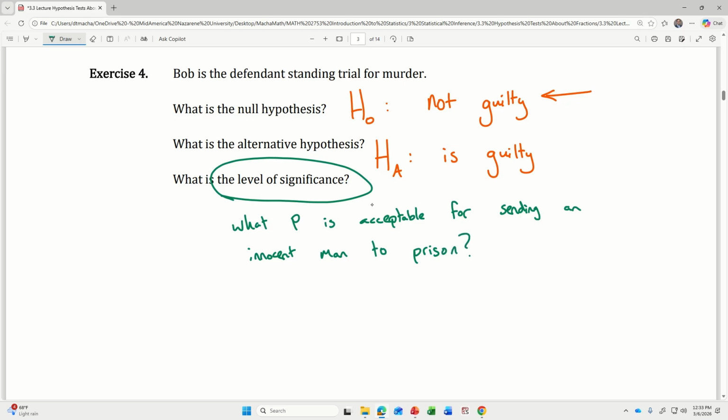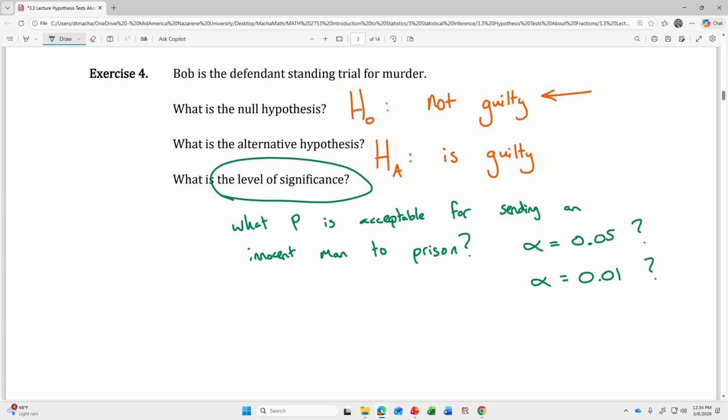If you think a 5% probability that you send an innocent man to prison is acceptable, then you would say alpha equals 0.05. If that's not acceptable, maybe you're only willing to accept a 1% chance that you're sending an innocent man to prison, then maybe alpha is 0.01.